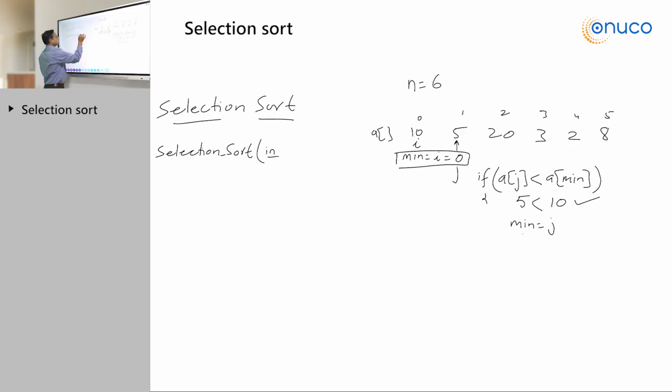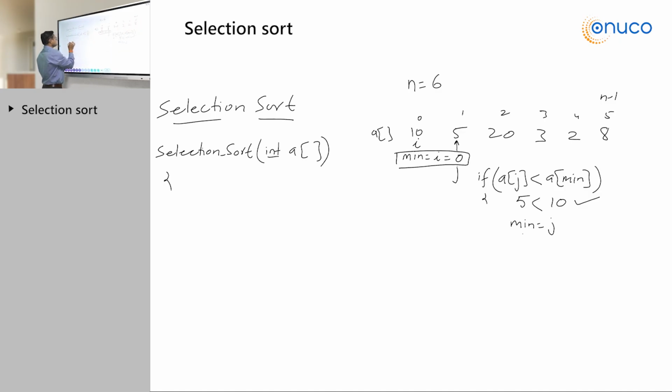If you have here int a of I, right? First loop, what I said, I will go again and again till the last element minus 1. So this is n minus 1 and this position will be lesser than n minus 1.